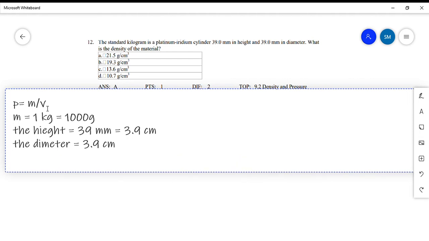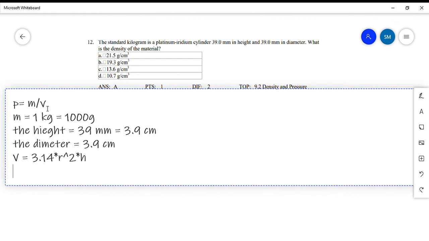So the rule to calculate the volume of a cylinder is pi, which is 3.14, times r, the radius, power 2, times height h. He didn't give us the radius, he gave us the diameter. So radius is equal to the diameter over 2, so the radius is 1.95 centimeters.